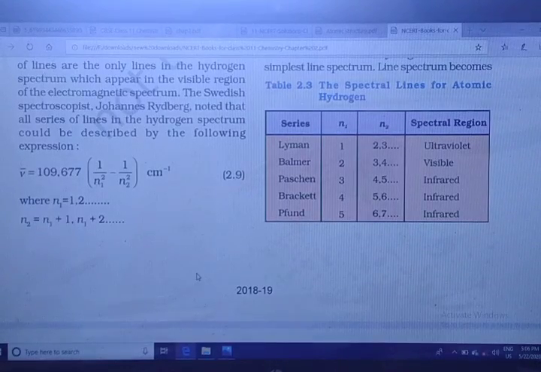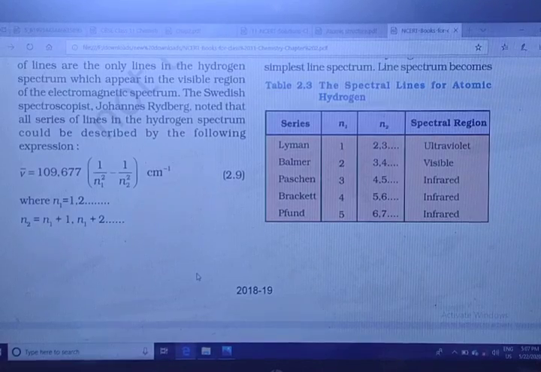Have you remembered that minus RH into 1 upon n square? After that we took the initial energy state and final energy state. Then delta E is equal to energy final minus energy initial, and then we got this formula. So the wave number is equal to 109677 into 1 upon n1 square minus 1 upon n2 square.